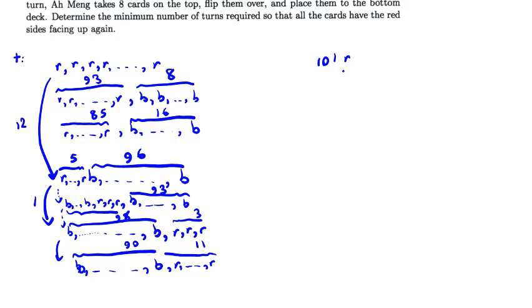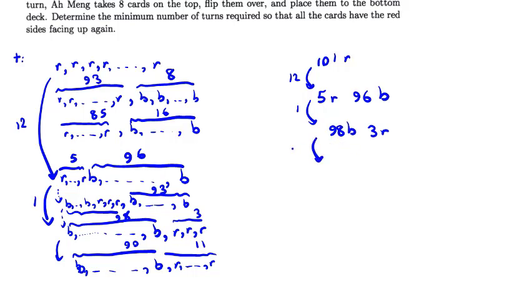So if I want to write, I say 101 R I have, then after 12 steps, I have 3R and 96B, like here. I have 5R, 96B after 12 steps. After one step, then you place here 8 from here, 5 plus 3 here, change to R, this change to B. So you have 3R here, and then 98B.